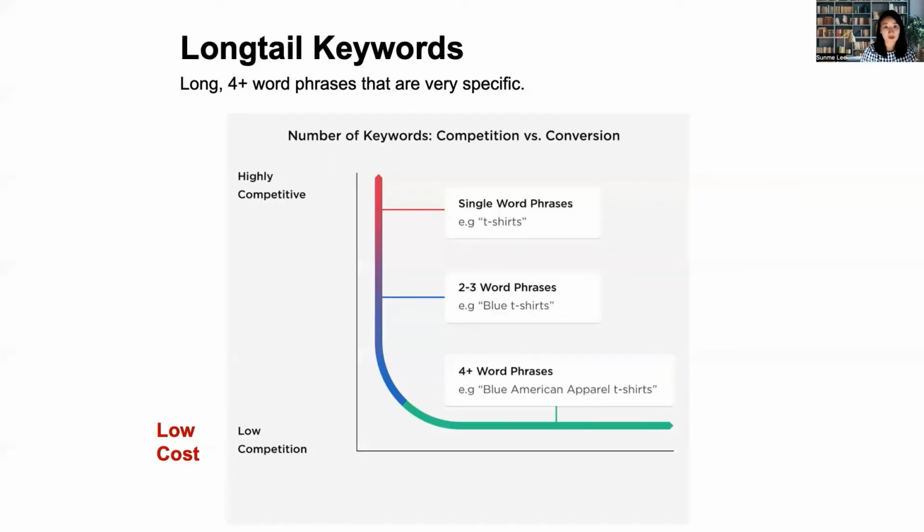One thing I'd like to mention is that as the number of words increases, we are moving from high competition to low competition, which also means low cost for the business. At the same time, we are more likely to match the searcher's intent with our business goal, and the conversion rate can become higher. It's because keywords with more words are much more highly targeted than short popular keywords.